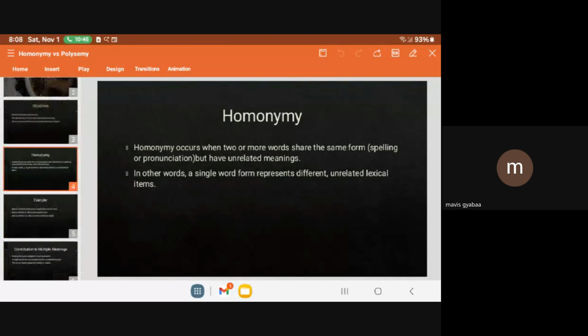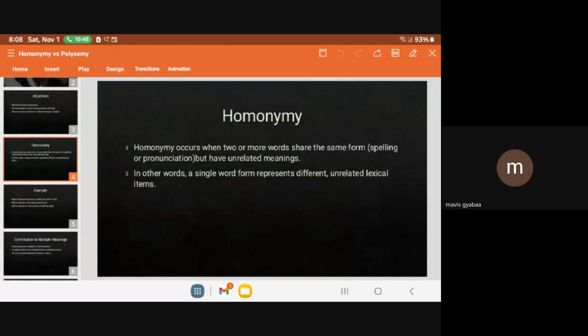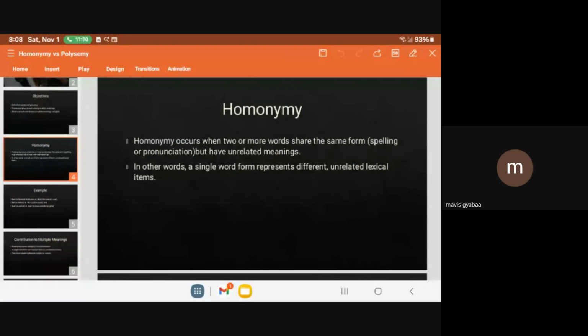Now, homonymy. Homonymy occurs usually when two or more words share the same form, it could be in terms of spelling or pronunciation. Even though they might share the same spelling or pronunciation, the meanings may not be related.